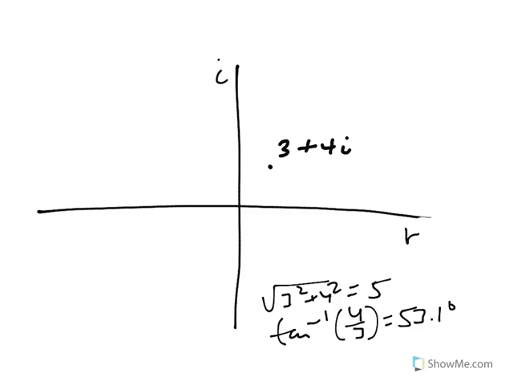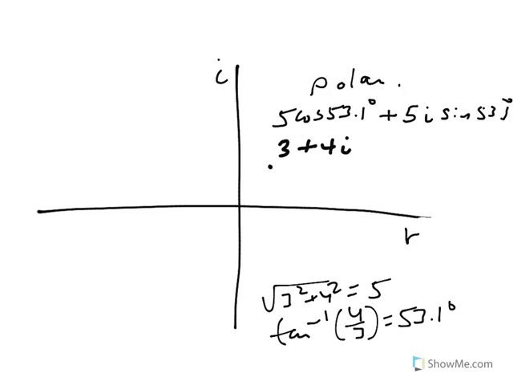So instead of writing it as (5 cosine 53.1, 5 sine 53.1), we could write this as 5 cosine 53.1. Instead of comma, we could say plus, and it's 5 sine 53.1i, but usually we write the i in between the 5 and the sine. So this is called the polar form of a complex number.